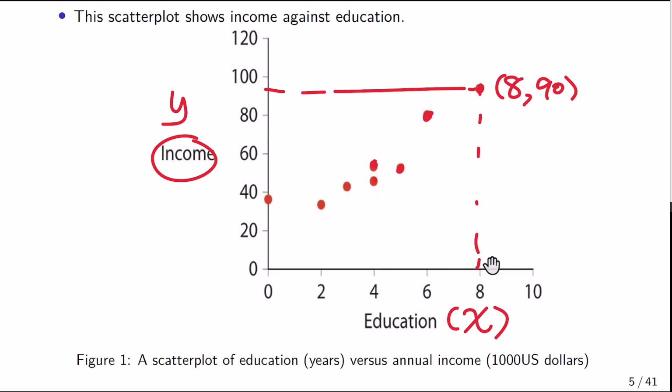After we get a scatter plot, we could eyeball a straight line. What does this scatter plot tell us? After we eyeball a line, we could say the relationship between x, education, and y, income, is positive.